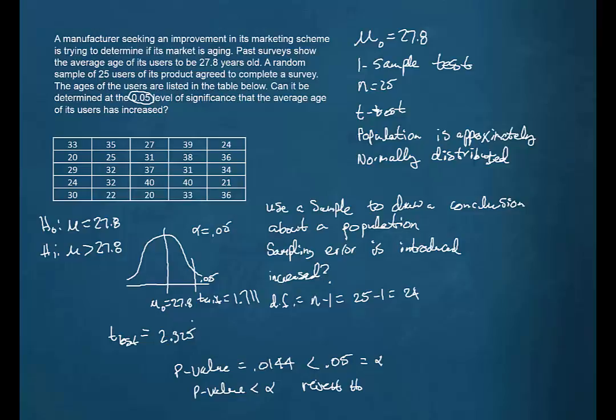This value, 2.325, is up here in the rejection region, above 1.711, where if we land that far up there, we're just not willing to believe that the mean is 27.8 anymore. What we want to believe now is that it is greater than 27.8 because the data supported that. So our conclusion would be something like: sufficient evidence was gathered at the 0.05 level of significance to conclude that the mean age of the users has increased.